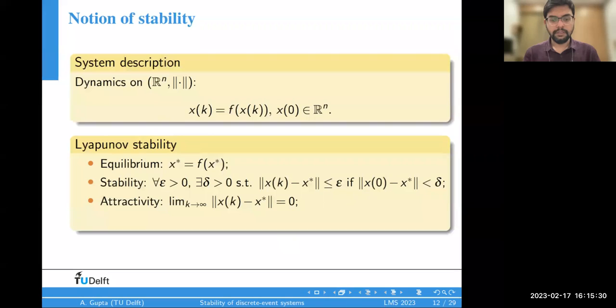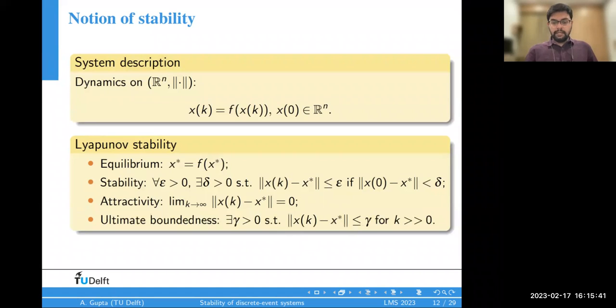Okay, so this brings me to the discussion on norms that are at our disposal. In the end, we would like to calculate the ultimate bounds on the state.